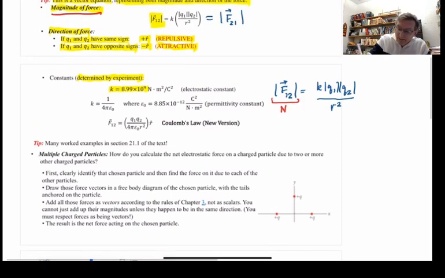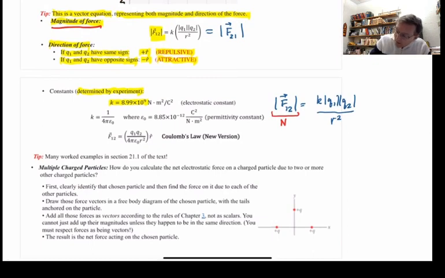What do we have on the right? I have a charge amount, so that's got to be in coulombs, C, multiplied by another charge amount, so that's in coulombs, C. So those two together, coulomb squared. And then I have a distance squared in the denominator, so that's meters squared.